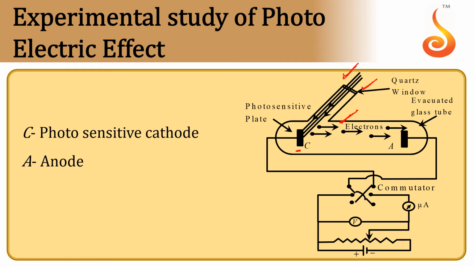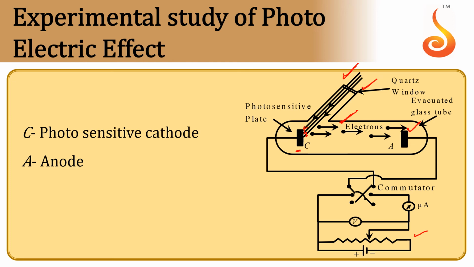The electrons are emitted by the cathode and collected by the anode. So when the ultraviolet ray falls on the cathode, the electrons will be removed and collected by the anode plate. The two electrodes are connected to a high tension battery, with a potential divider arrangement and a microammeter.